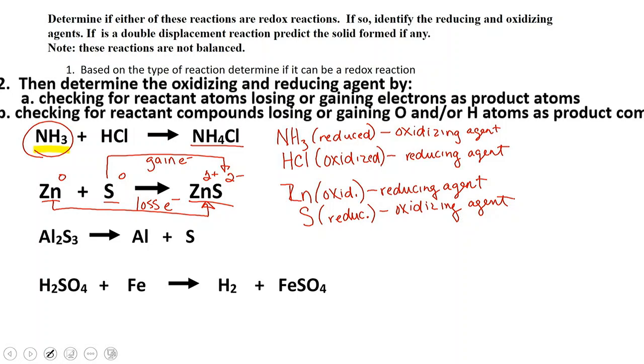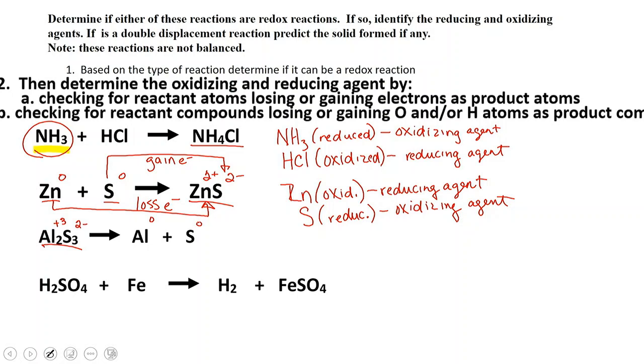We've got aluminum sulfide decomposing to give us aluminum plus sulfur. So what's happening here? In this compound, we've got a metal plus a non-metal. Then that means we have another ionic compound. Aluminum has a +3 charge in this compound, while sulfur has a -2 charge. However, as elements, they have no charge.